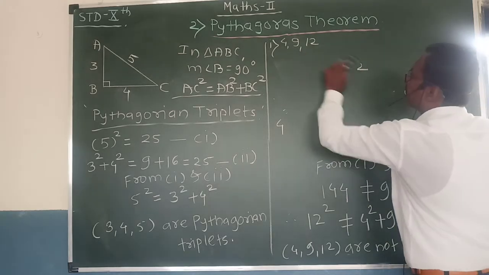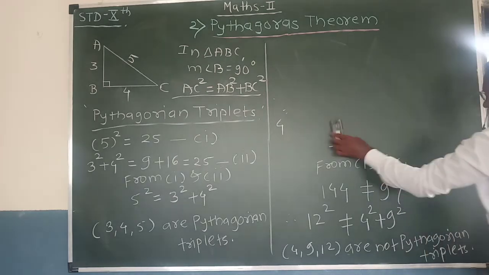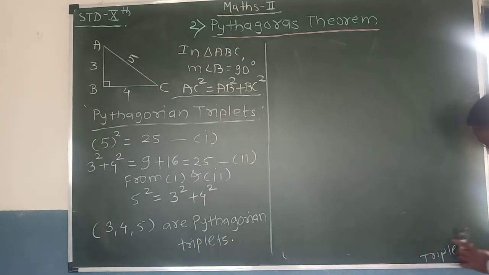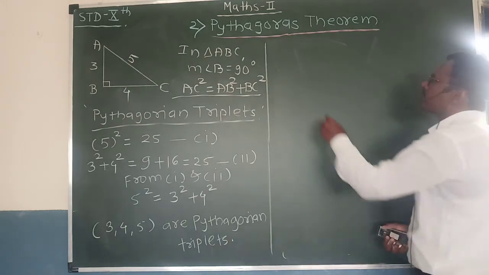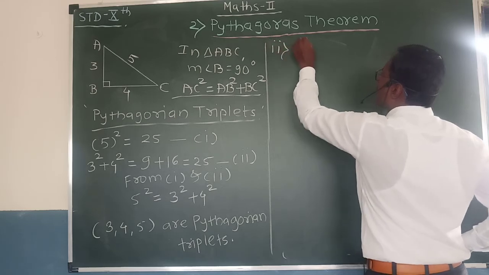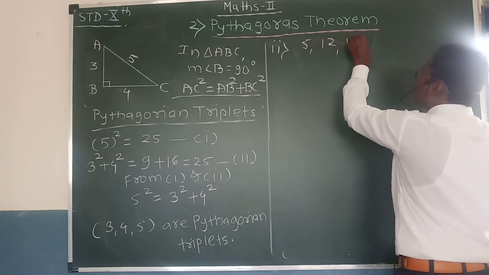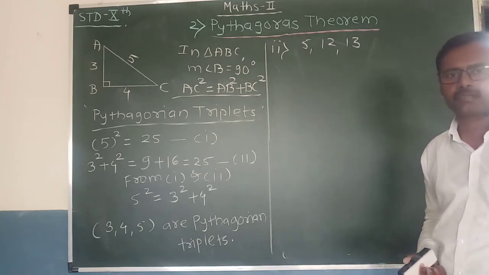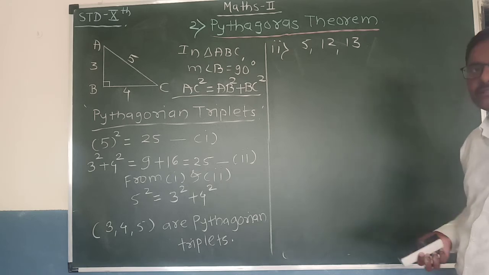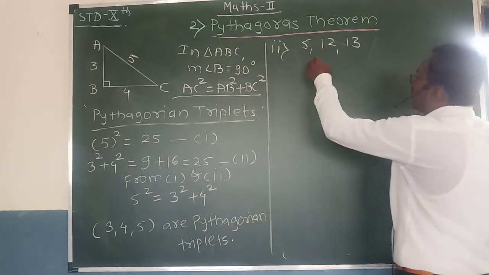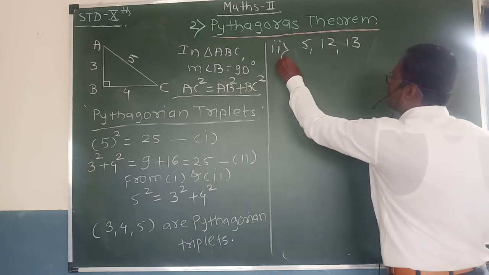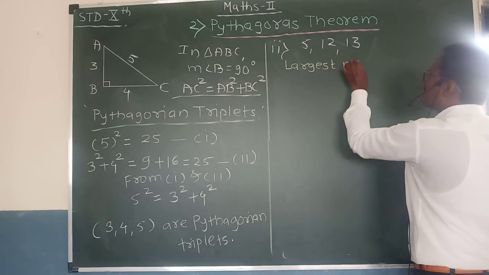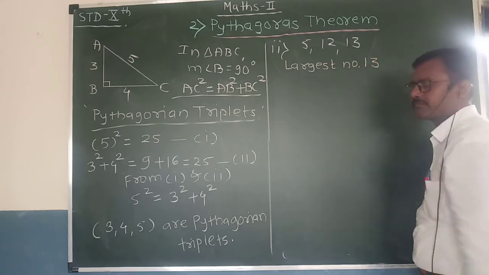Let the second example be 5, 12, 13. In this case, the largest number is 13.